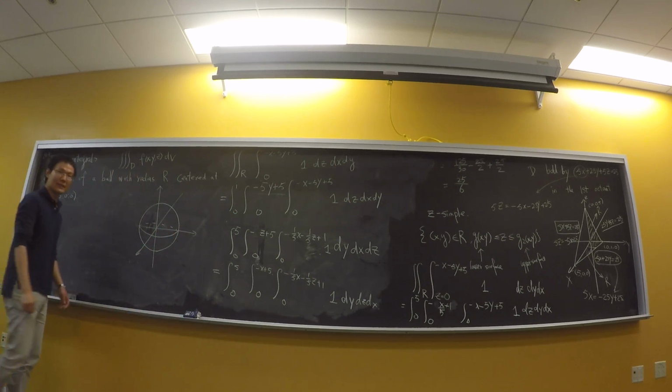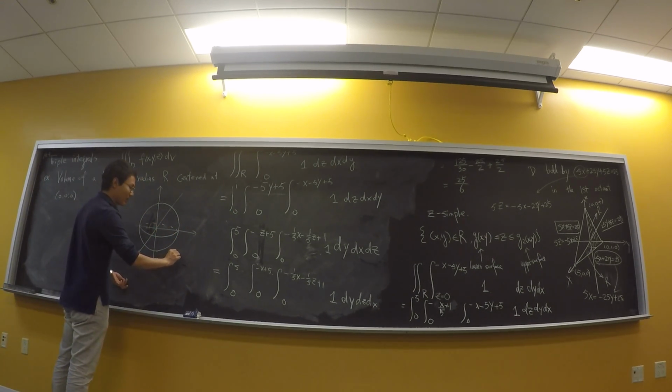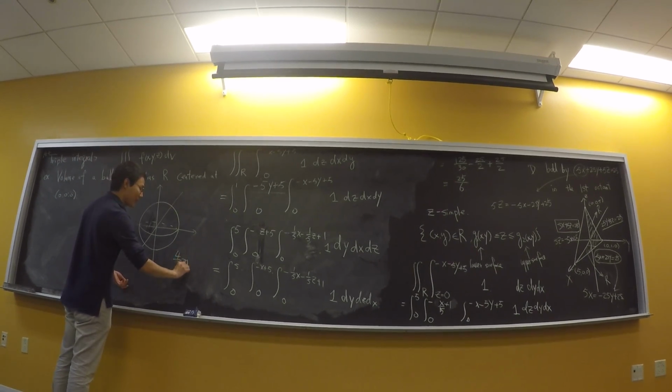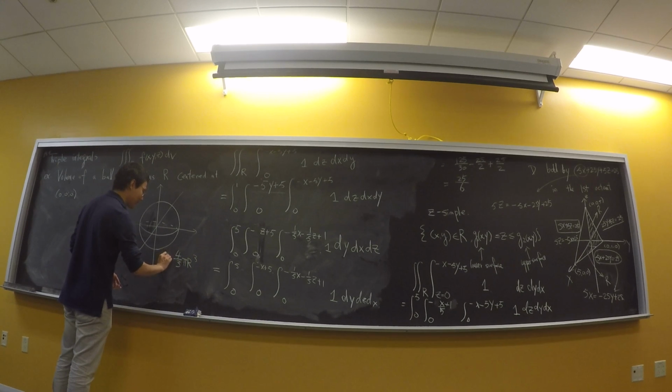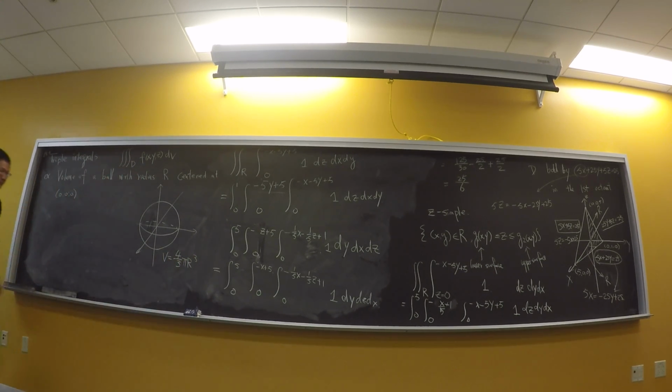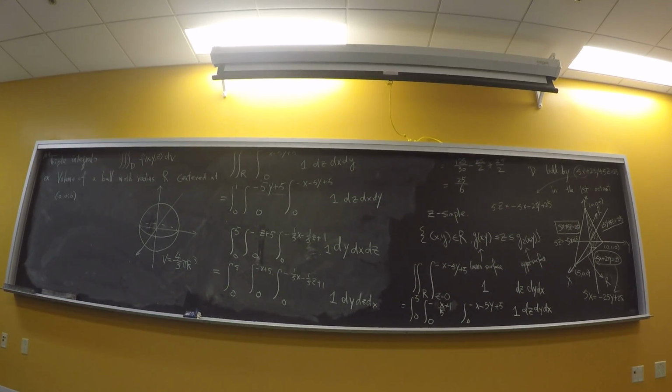So the volume of a ball is indeed equal to 4 divided by 3 pi r cubed. But today we're going to actually verify why this is true. Am I making any mistake? I think that is the correct formula.